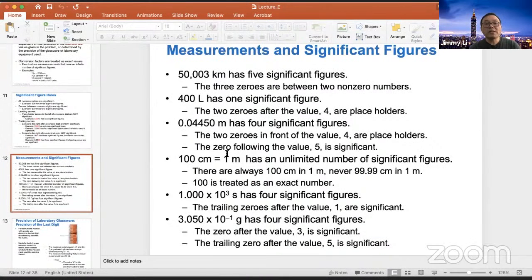This is just one example to show you how many significant figures there are. For example, the first example they give you is 50003. So there are 5 significant figures. Please spend about 30 seconds to look at that slide and understand the example and understand the answers.